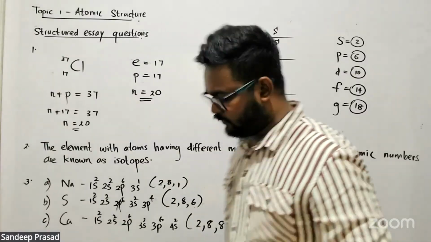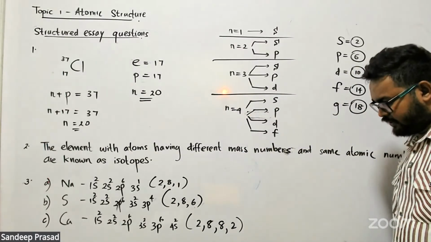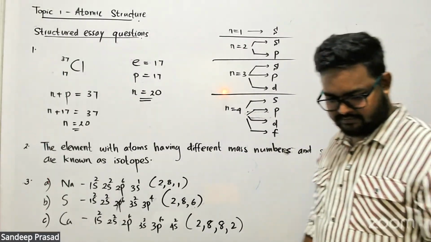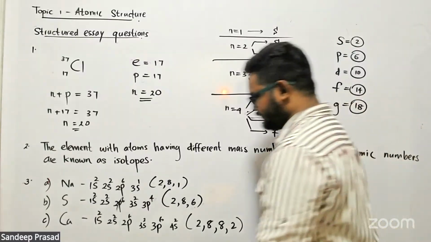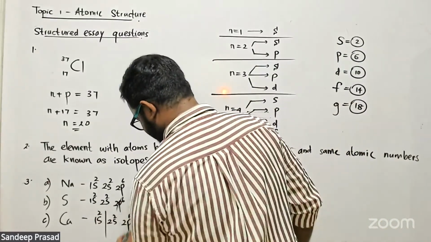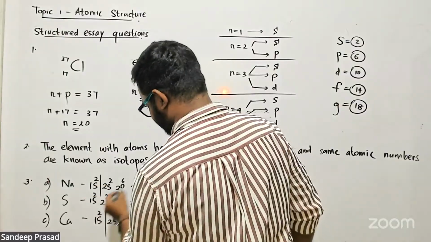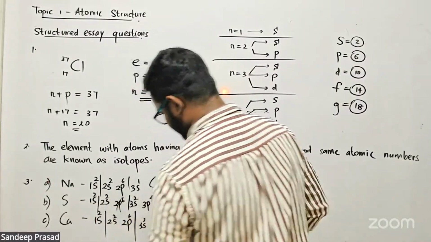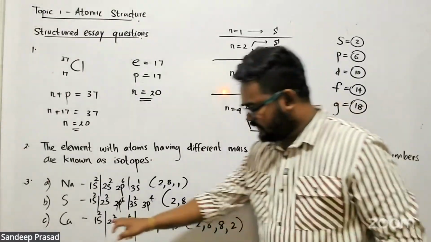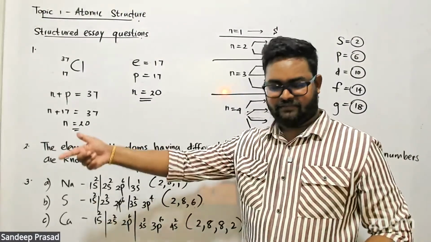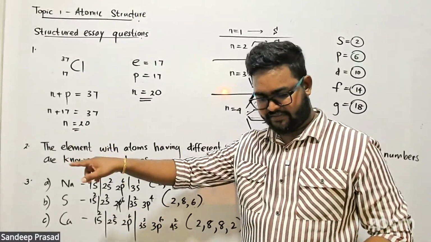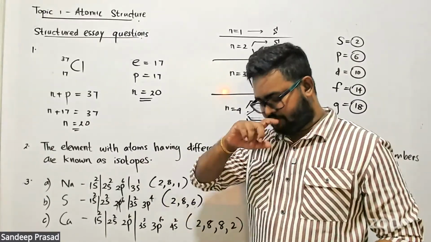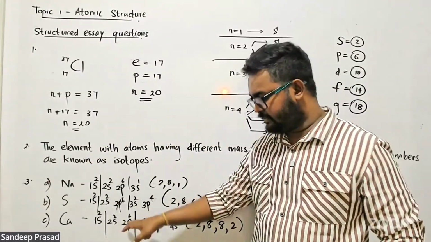It should be 4f, no. So where is 4f? No, no, no. 1s, 2s, like this. See, in this way. We have to complete the first energy level and its sub energy levels. We have to complete the second energy level and its sub energy levels.